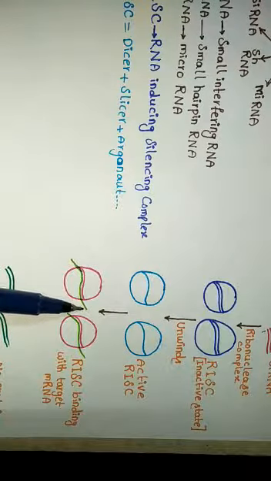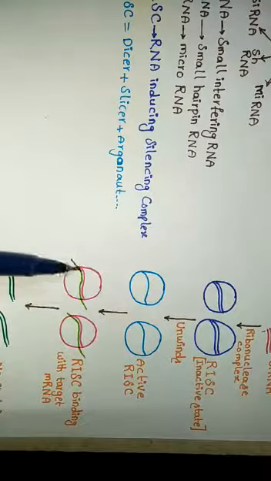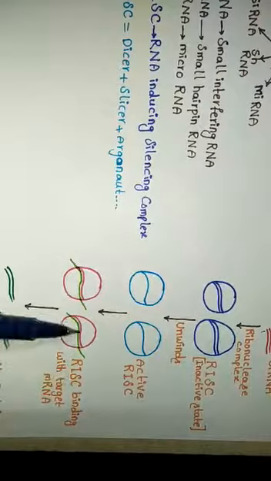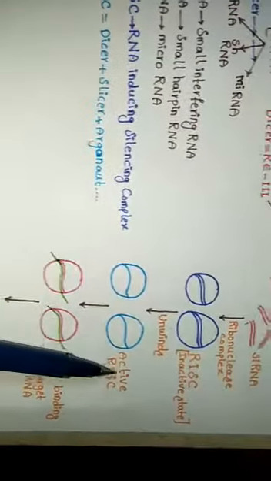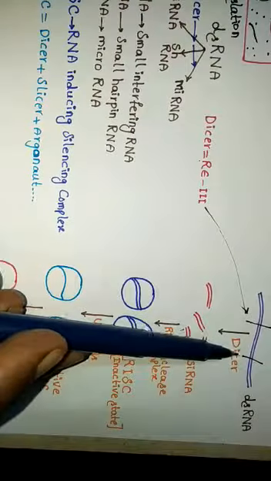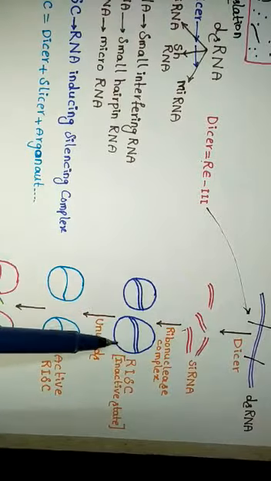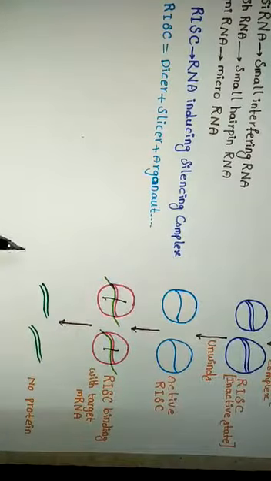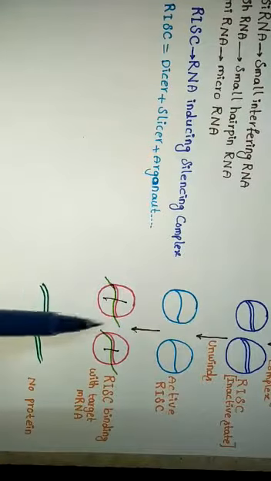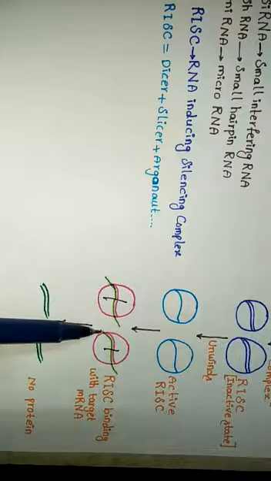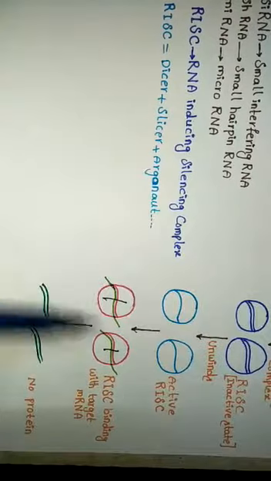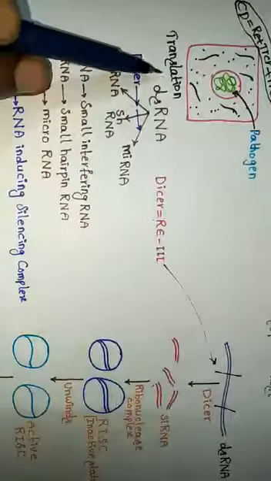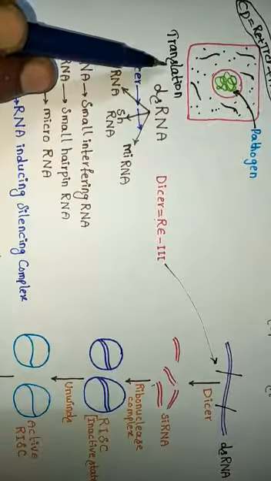This green color is the mRNA of the pathogen, and it is binding. When it binds, the dicer already present in the complex cuts it, or, when it is binding, this mRNA fails to produce the proteins. As I said, it is at the translation level.